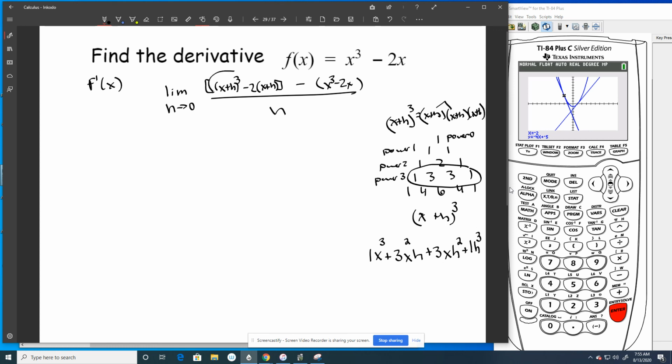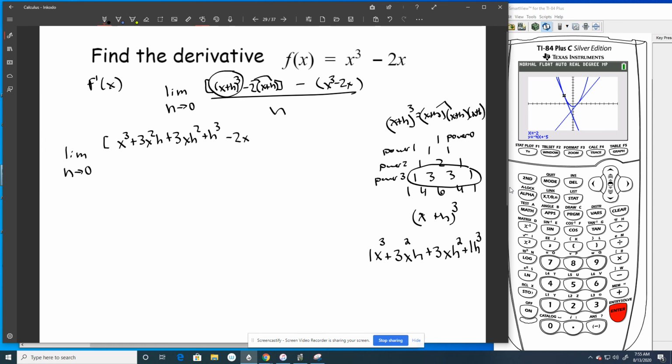So this piece right here becomes, and I'm going to give myself a little bit more room here. That x plus h, I'm going to leave my brackets for now, becomes x cubed plus 3x squared h plus 3xh squared plus h cubed. But I'm not done because I have this -2 that I need to distribute as well inside my bracket.